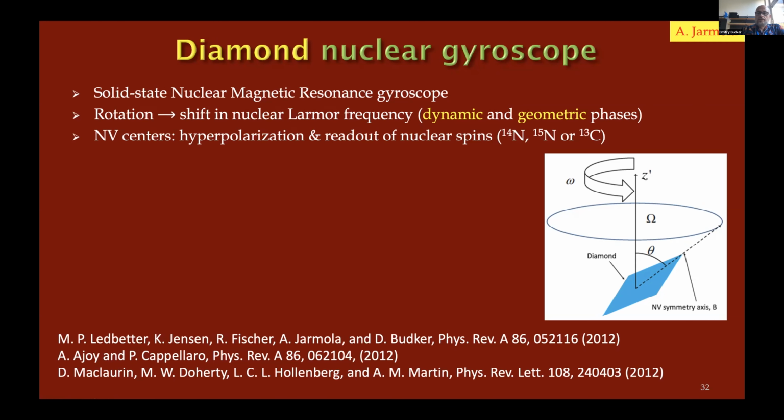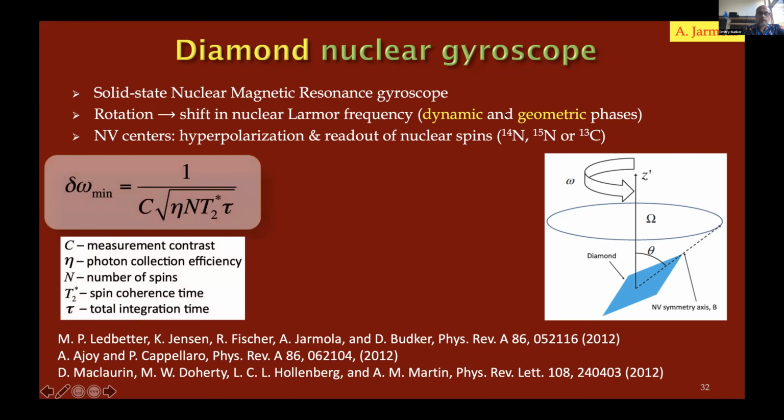And here it is important not to be sensitive to magnetic noise and to be sensitive to rotations. And so the systems of choice are then nuclear spins rather than electronic spins. And it's nitrogen 14, nitrogen 15, this is a spin 1/2 nucleus, or C13, which is also a spin 1/2 nucleus. So far, up to now, this N14 sensor has been realized.